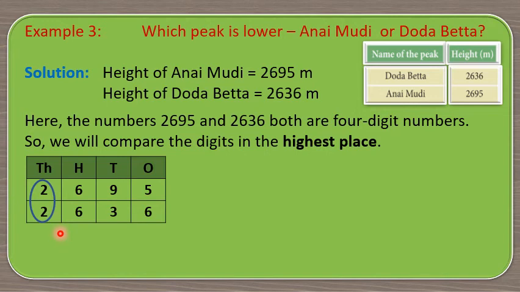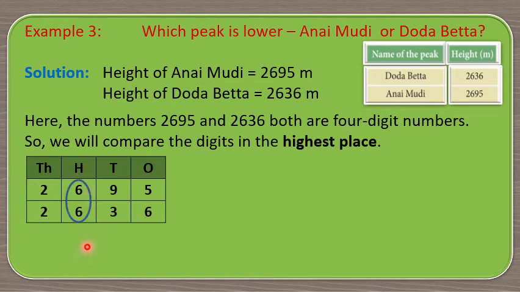So this will not help us to find which among these two numbers is greater or smaller. Then what to do next? So next we will compare the digits in the next highest place, that is hundreds place in this number. Let us compare the digits in hundreds place.